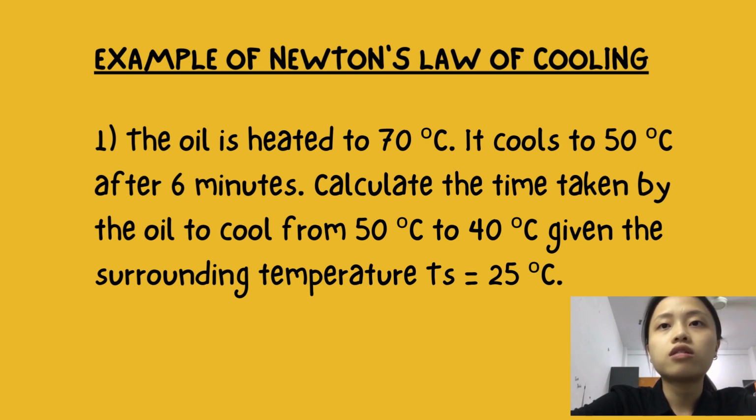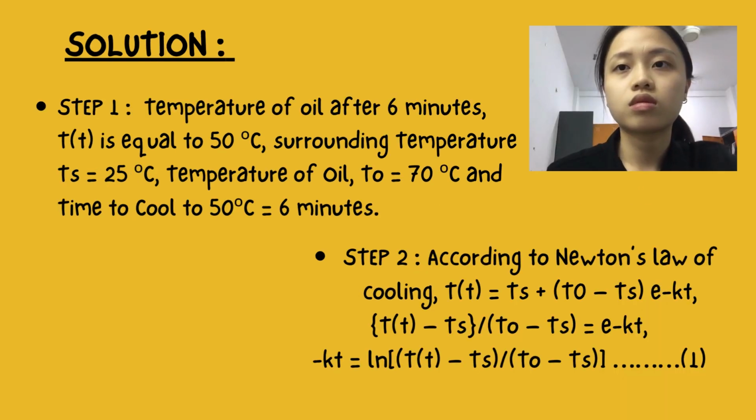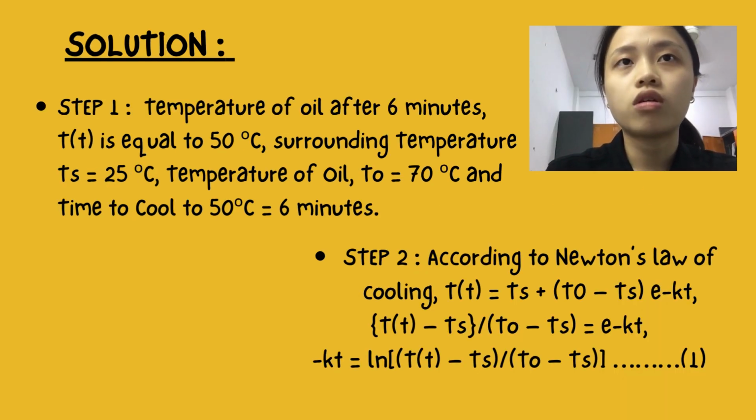Calculate the time taken by the oil to cool from 50 degrees Celsius to 40 degrees Celsius, given the surrounding temperature, which is Ts equals 25 degrees Celsius. So now I will be talking about the solution for this question.